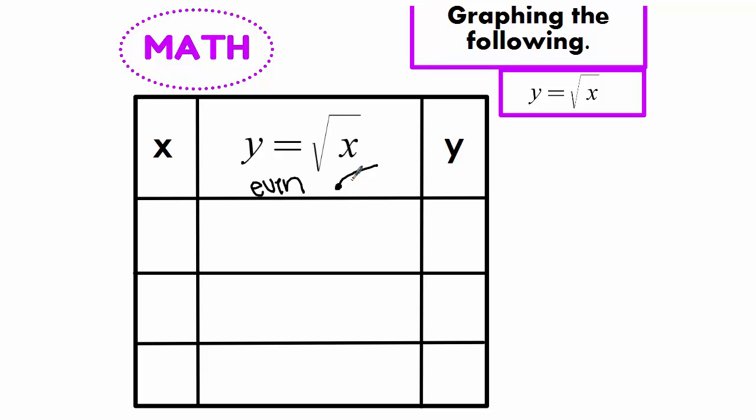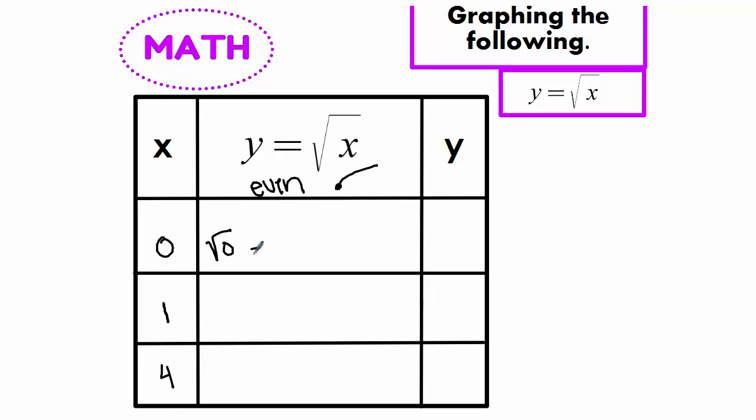So if it's even, we need to pick an x value that makes this equal 0 first. So the only thing that's going to make this equal 0 is 0. And we always put this starting point at the top. That goes on the top row because that's our starting point. And then I'm going to try and pick numbers that are perfect square roots. So I'm going to plug in 1 and 4. And then I just plug them in.